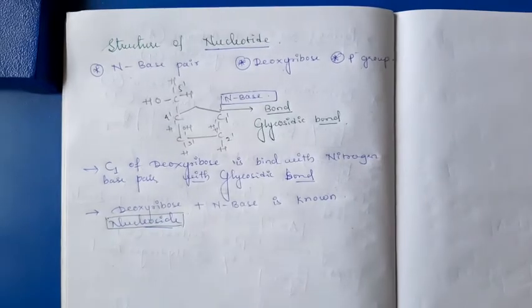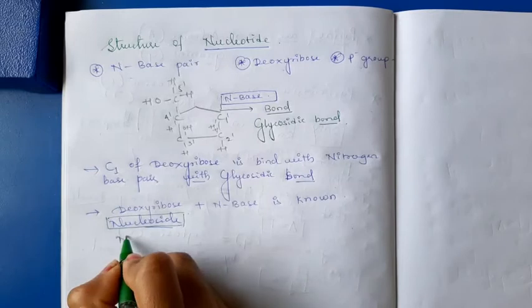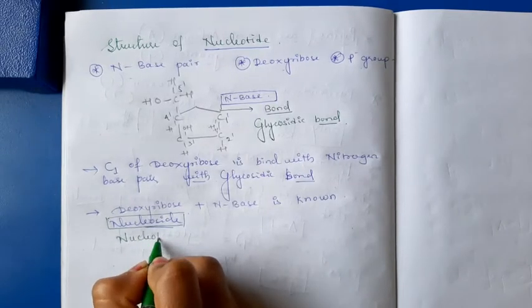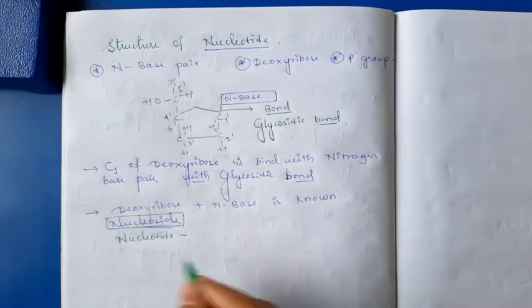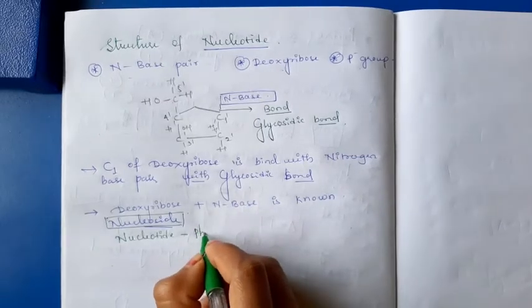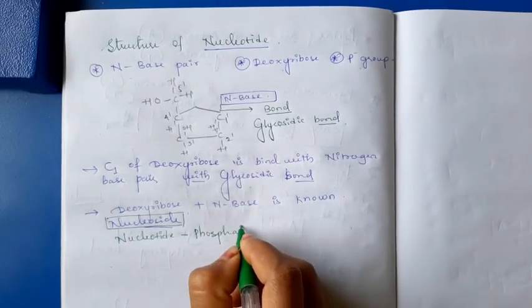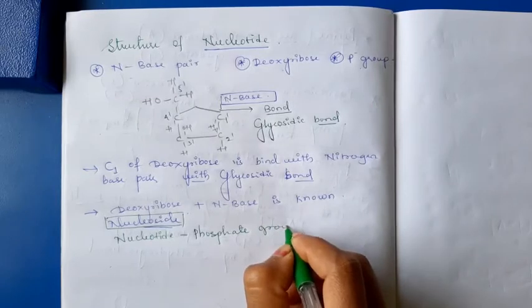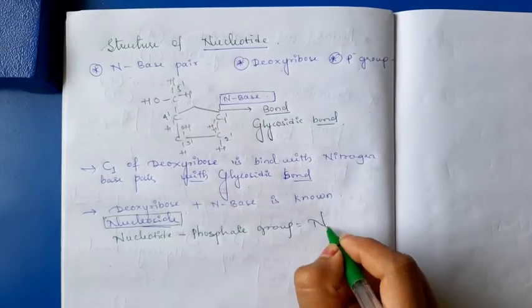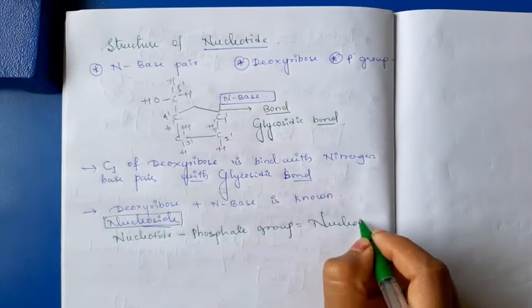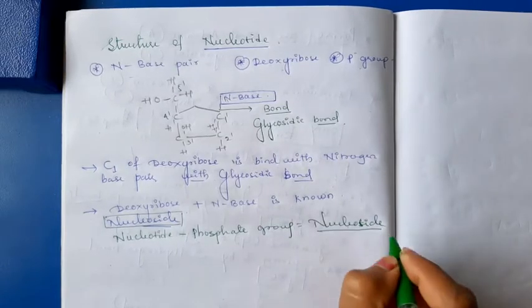Okay. You can say that nucleotide minus phosphate group. This is a shortcut, don't use it to write in the exam. Nucleotide minus phosphate group is equal to nucleoside.